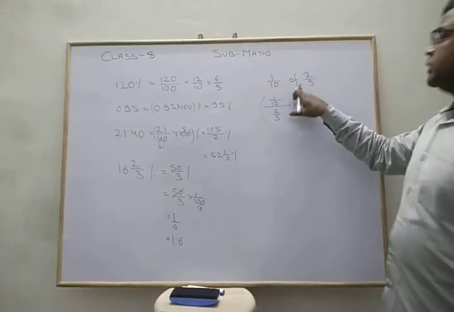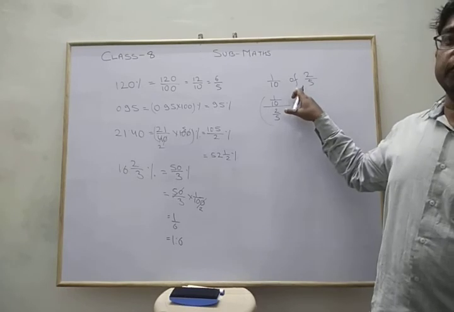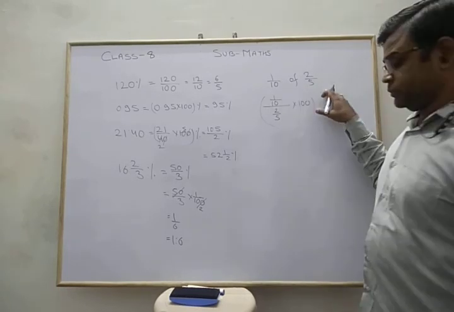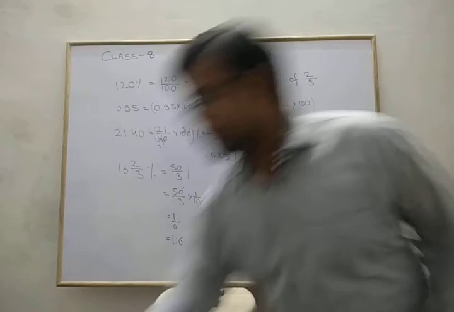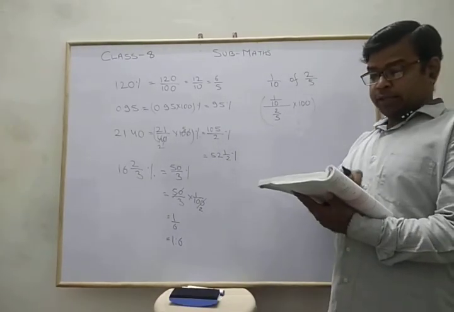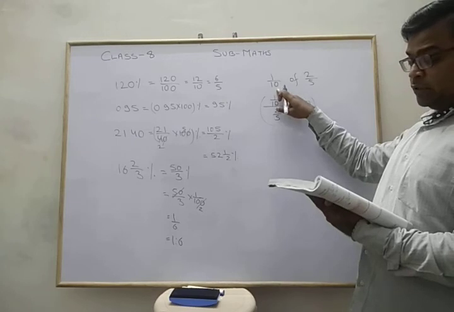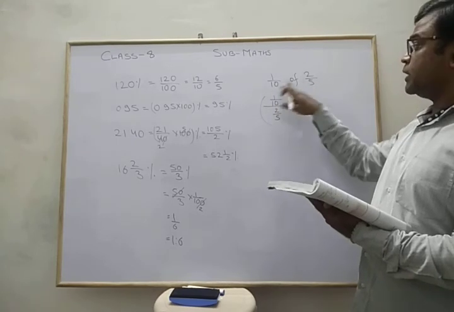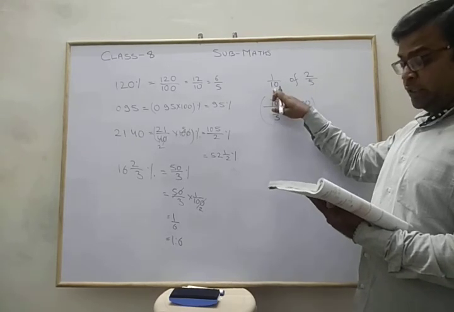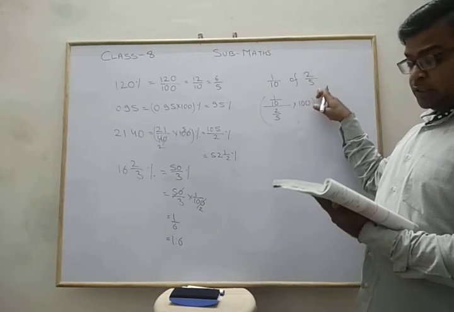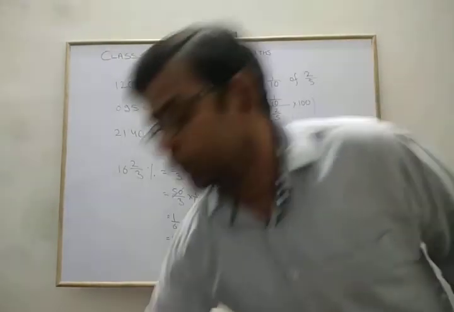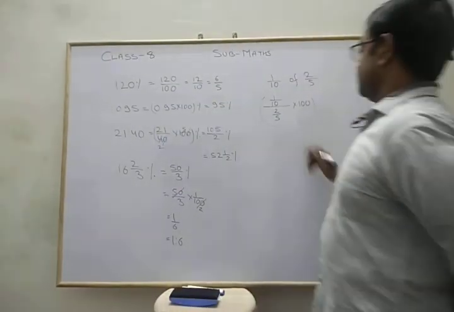Remember, this "of" is not about multiplying both. This is the language. It says that if you read, express the first quantity as a percentage of the second quantity. In this case, 1 upon 10 is the first quantity and 2 upon 5 is the second quantity, and "of" is not multiplication.